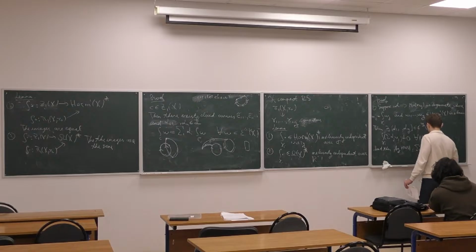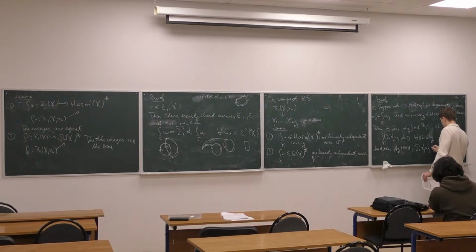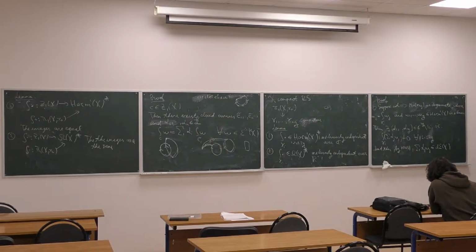So the sum of alpha g omega g is an exact form. But this is a contradiction.